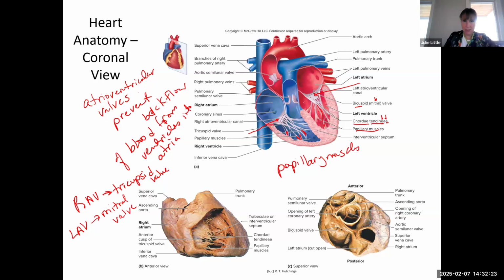I'll go ahead and tell you, I'm just so excited. If the blood comes from the right atria down into the ventricles and they contract, those valves could be blown back up into the atria, but those chordae tendineae, and I will go into this in more detail later, help hold down those valves to make sure that they don't invert and go back up into the atria. And what do the papillary muscles do?